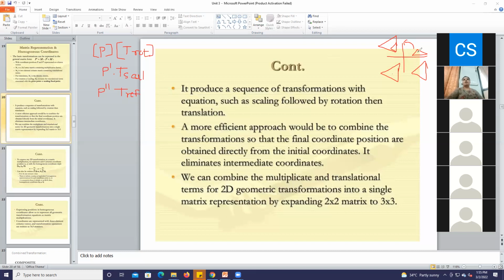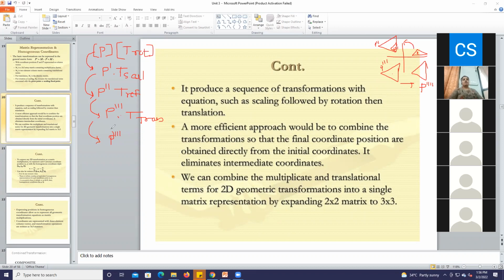मग रिफ्लेक्शन झाल्यानंतर हा मिळाला मला, म्हणजे दिस इज युअर पी मॅट्रिक्स, देन दिस स्मॉल इज युअर पी डॅश, दिस बिगर इज युअर पी डबल डॅश, then after reflection this is your p triple dash, and after p triple dash when translation is carried out this will be your p dash 4 times. मग p triple dash नंतर मी जेव्हा ट्रान्सलेशन करतेय त्याचं, तेव्हा मला मिळणार रिझल्टंट व्हॅल्यू दॅट इज p 4 times dash. कळलं इथपर्यंत सगळ्यांना? मग प्रत्येक वेळेला नाव एव्हरी टाइम दिस p is changing. p has changed from p to p dash to p double dash to p triple dash and p triple dash to p 4 times.